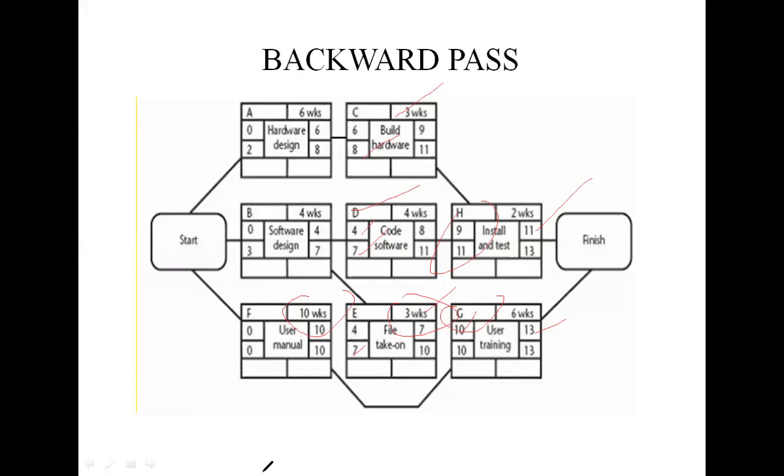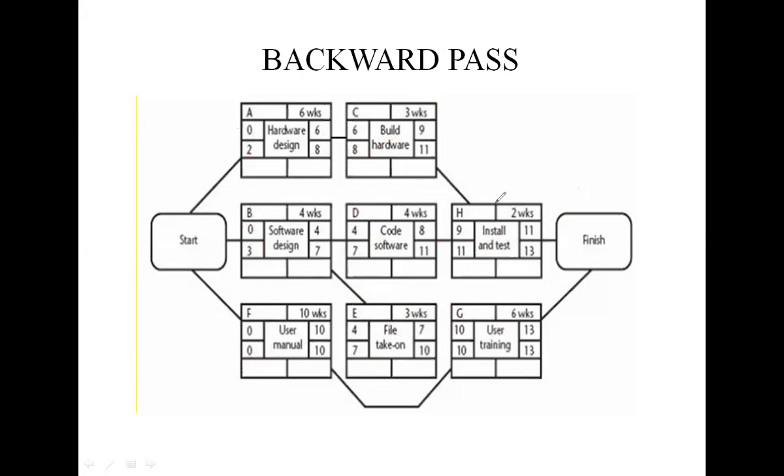Activity A must be completed by week 8, so the latest start date for activity C is 8 minus 6, that is 2. These values are taken by subtracting from the preceding one. So this is about the backward pass.